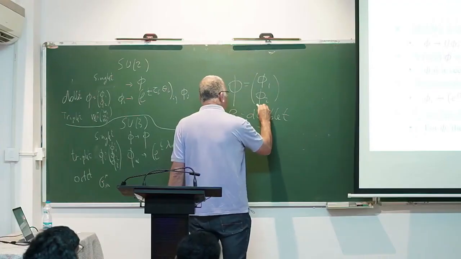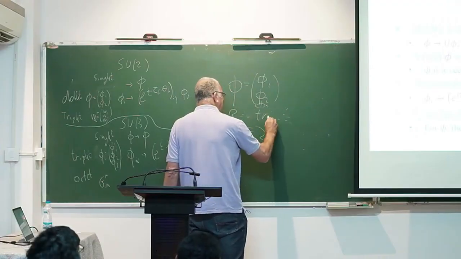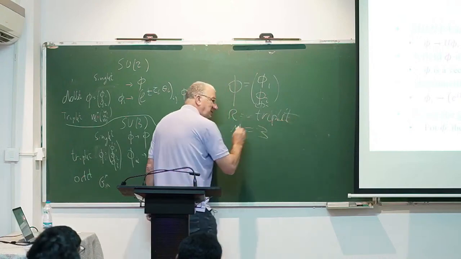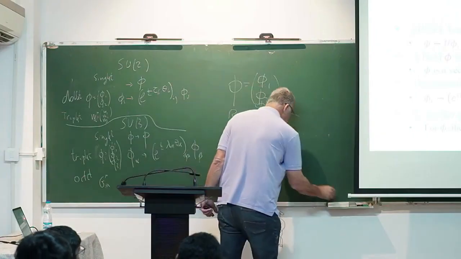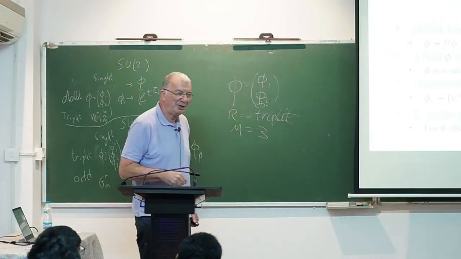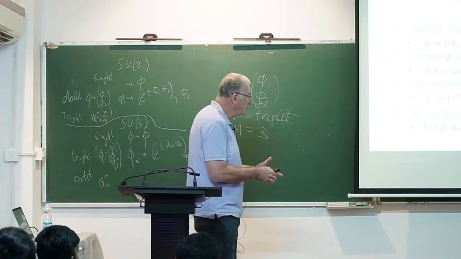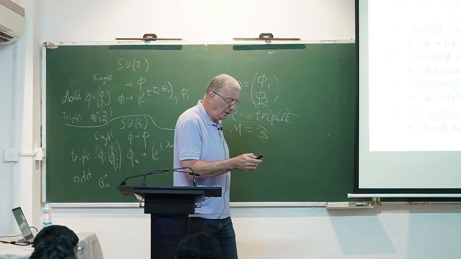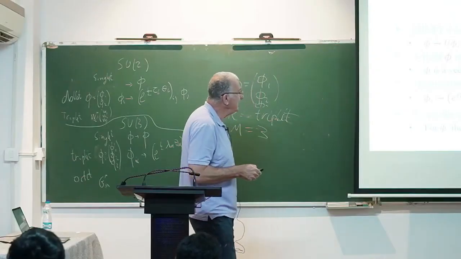And if there are 3 of these, then I call R a triplet, and m equals 3, etc. We will not need to go much above that, as we will soon see. So there is a lot of notation here, but that's what it means.